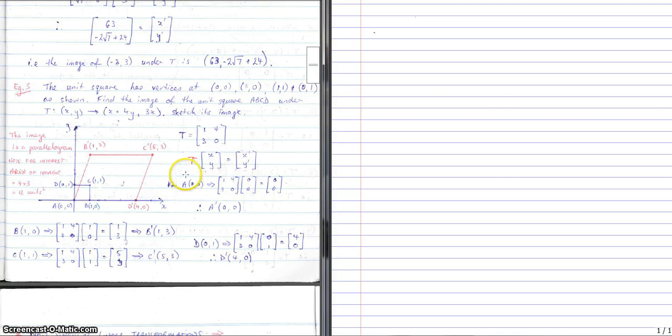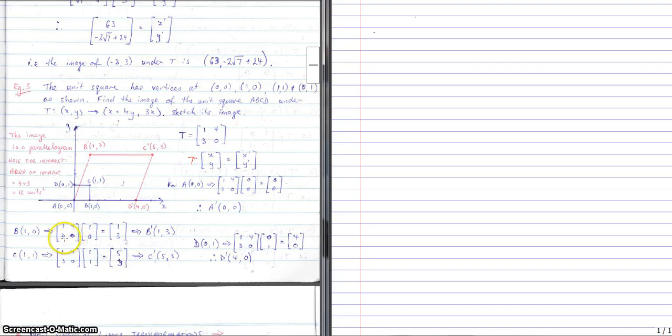So for our point A, we multiply our transformation matrix T by our original point, but of course when we're multiplying by 0 it becomes unchanged. So the image point remains as 0, 0. So image of A prime is 0, 0. Do the same thing for B, 1, 0.